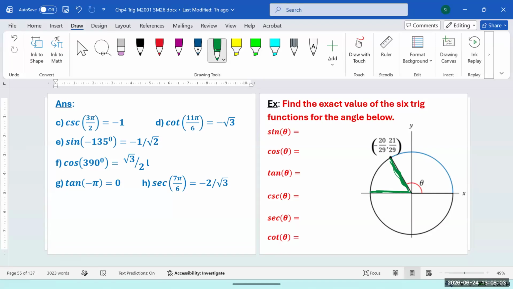Now they gave us the coordinate point here. What does this first number represent? The x value, and the second number represents the y value. So we can make a triangle here.